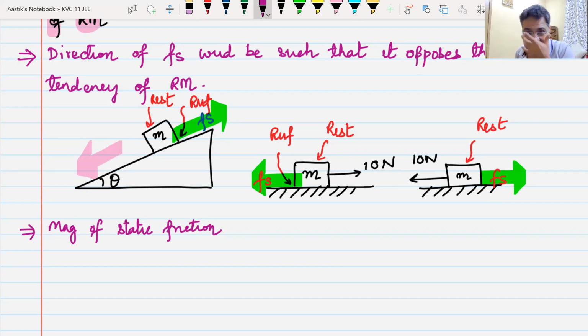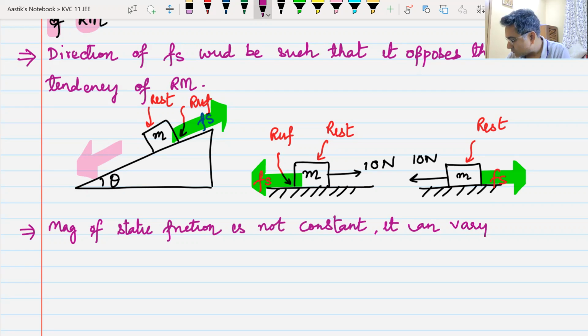It can also change its magnitude. The magnitude of static friction is not constant. It can vary from 0 to a maximum value.